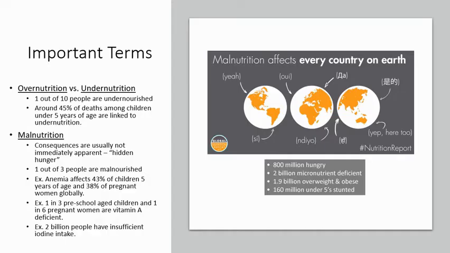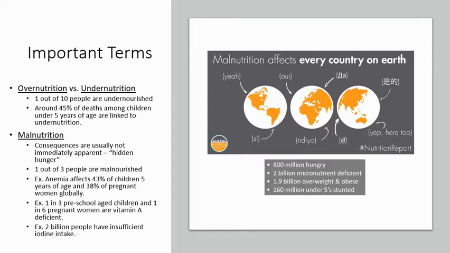Let's start off by reviewing a couple important terms that were introduced a week or two ago. First of all, overnutrition and undernutrition are both problems. They're opposite problems. So overnutrition means people are getting too many calories every day, which can lead to obesity.